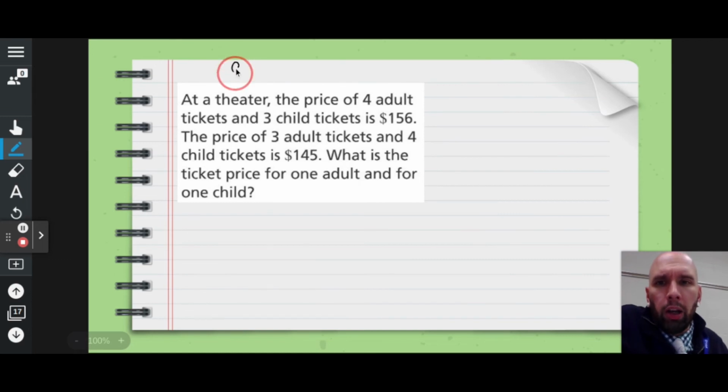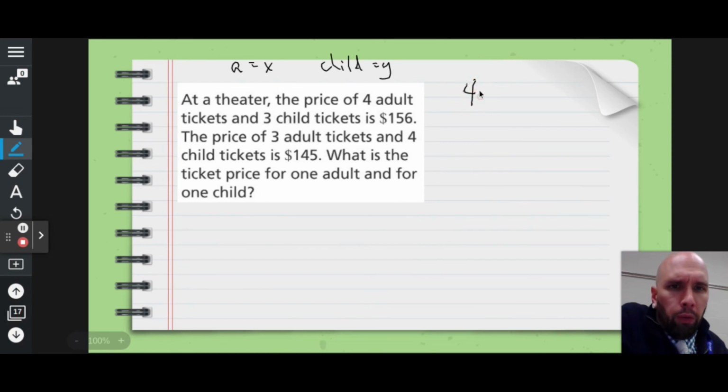So let's let adult be x, child will be y. So 4 adults, so 4x plus 3 child, so plus 3y is going to equal 156.